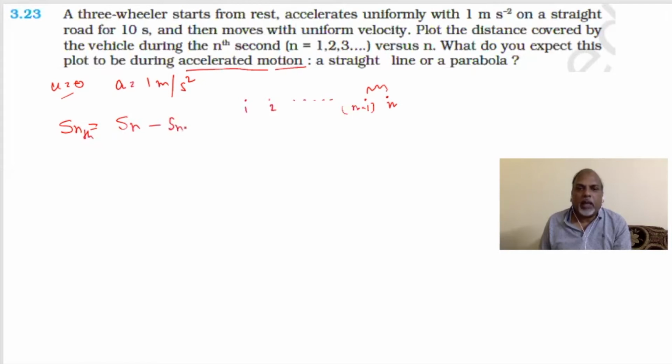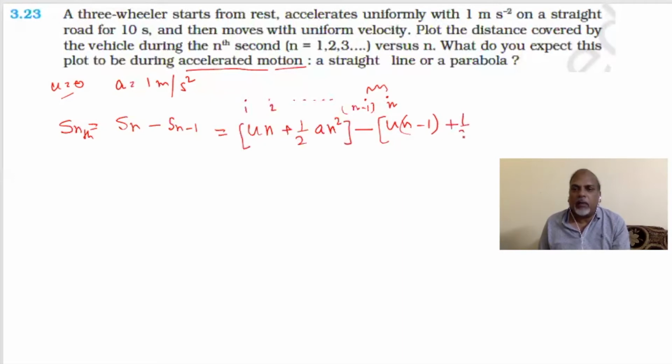So nth second means distance covered in n seconds minus n minus 1 seconds, and this will be nothing but un plus half a n square minus u(n minus 1) plus half a (n minus 1) square. Correct? Let us now expand it.